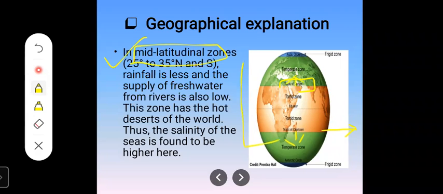This temperate zone is the mid latitudinal zone, which is below the Tropic of Capricorn and above the Tropic of Cancer.